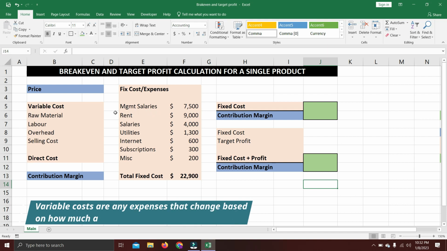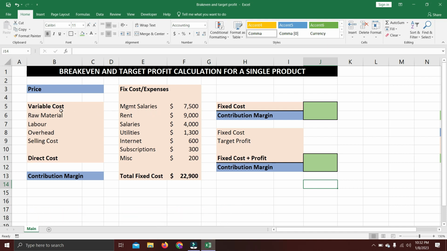On the other hand, variable cost varies with production, because it is directly traceable for each unit. If you are making a pen, plastic will be its raw material, then for sure some labor will be required. There will be some other overheads which are directly traceable, and there might be some direct selling cost, which can be commission or something directly related per unit.